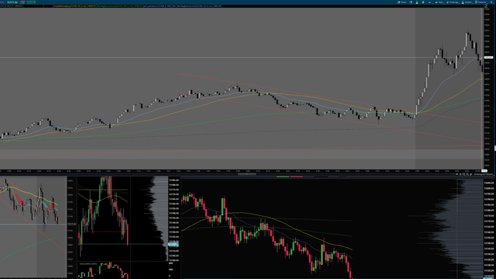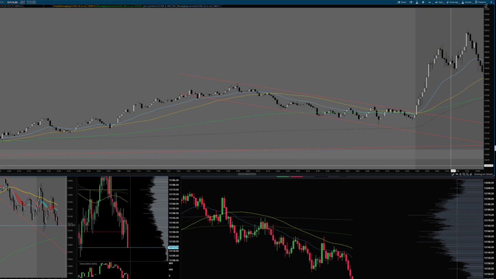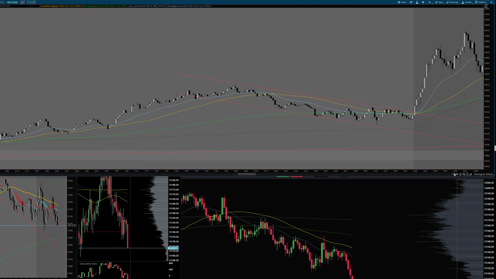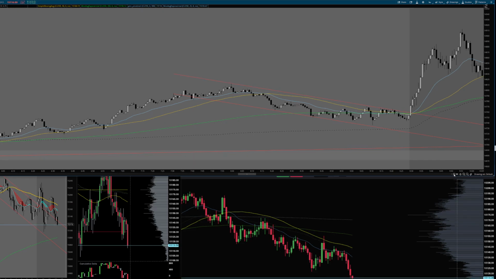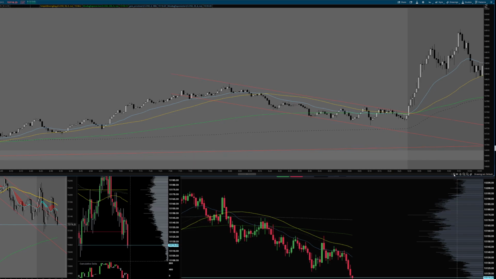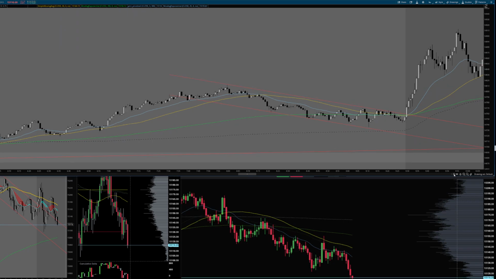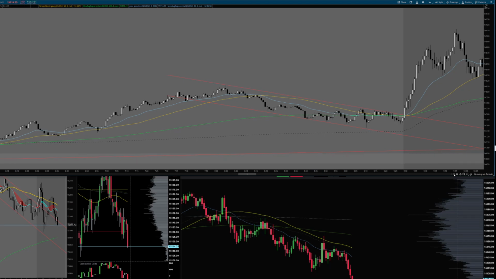Okay, it broke this 25 there, and it's getting ready to test the 50 moving average now. And we had a bounce on the 50. Okay, crossed the 25.